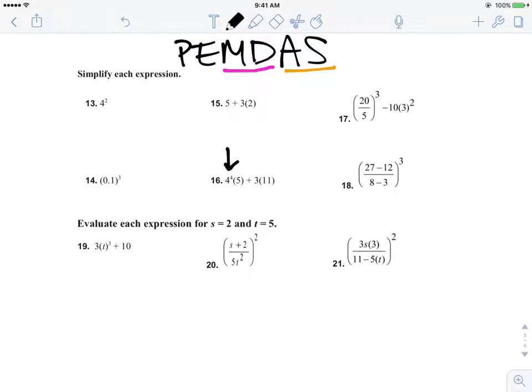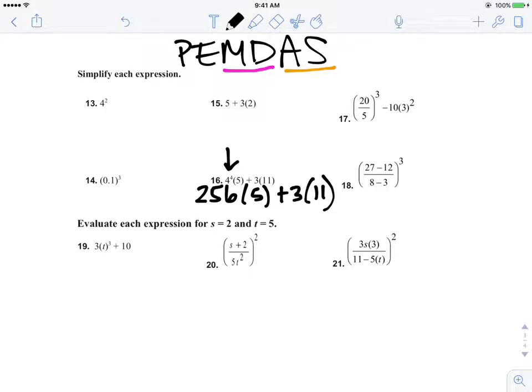We have a 4 to the 4th power, meaning 4 times 4 times 4 times 4. 4 to the 4th power is 256. So we can simplify 4 to the 4th as 256. We still have that multiplied by 5, plus 3 times 11.